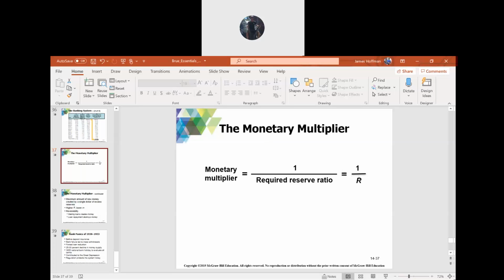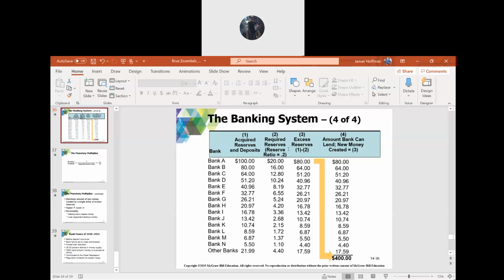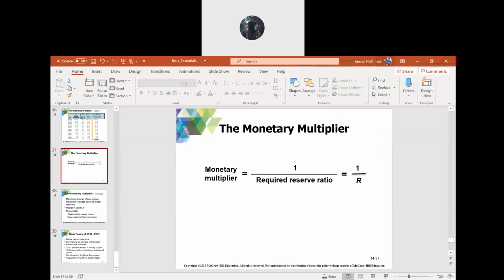So 1 divided by R, where big R is the reserve ratio. So you can see how this relates to the last slide. The reserve ratio was 0.2 or 20%. So 1 divided by 0.2 is 5.